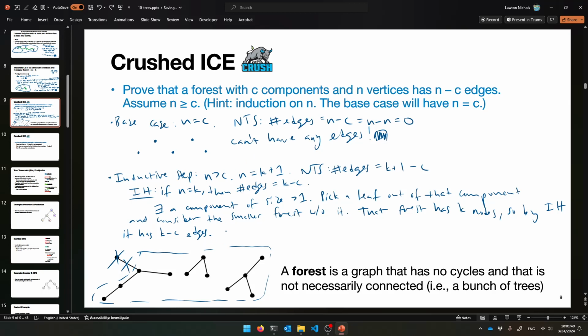Adding back in that leaf gives you that k plus 1 number of nodes again, and it gives you 1 more edge. Do you see that? Adding back the leaf adds 1 more edge and node.